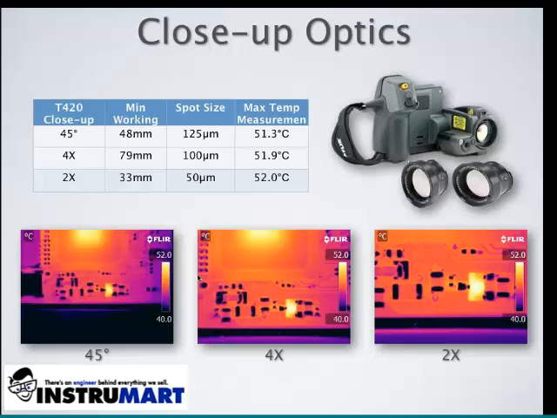If you remember from our pixel pitch discussion, the pixel pitch, which is the size of the detector element in this particular camera, the T420, was 25 micron. If you take 25 microns, multiply it by 4, you come out with the 100 micron measurement. If you take 25 microns, multiply that by 2, you come out with the 50 micron spot size. And that's how you determine the spot sizes for those close-up optics.